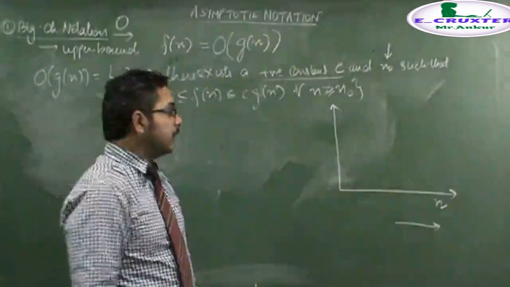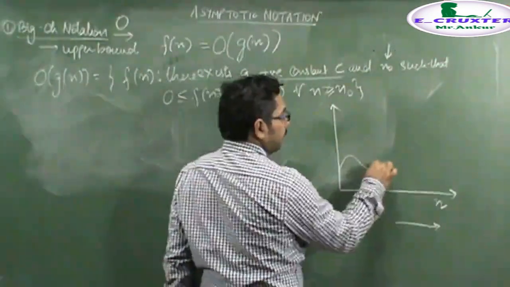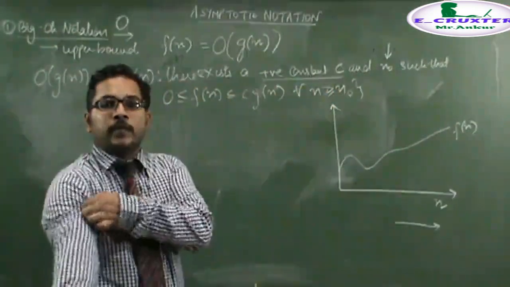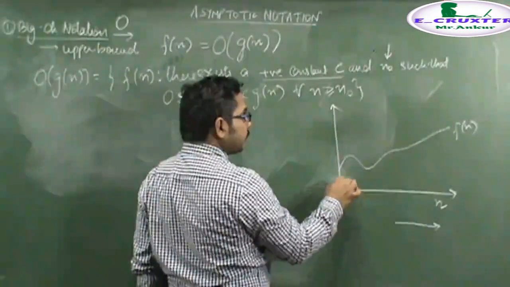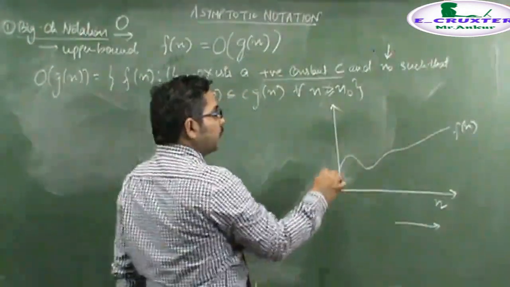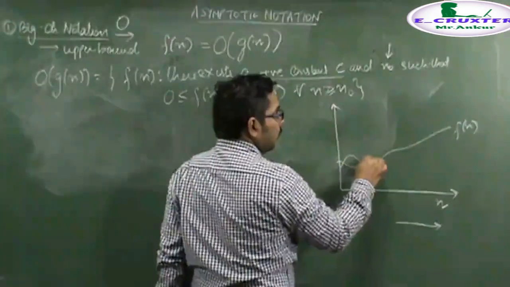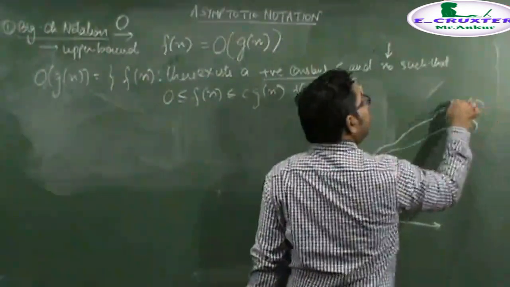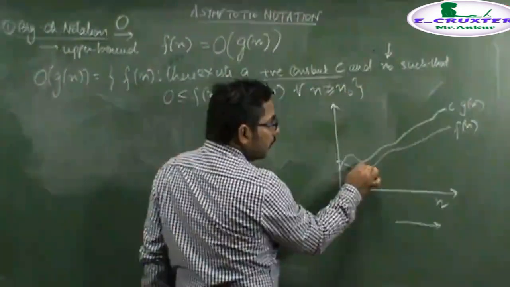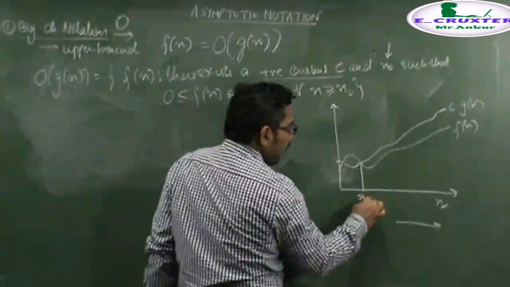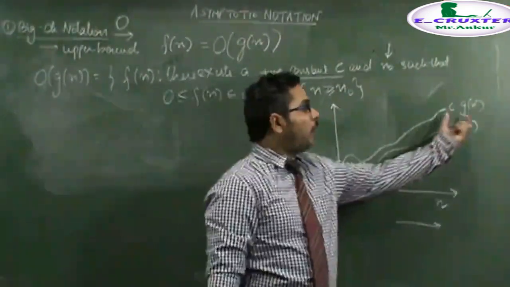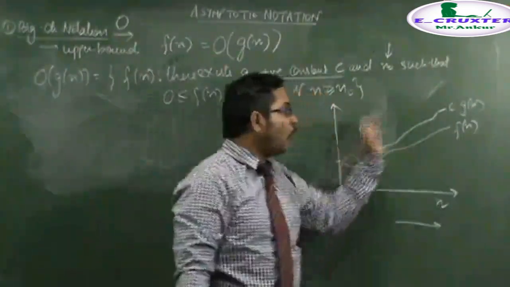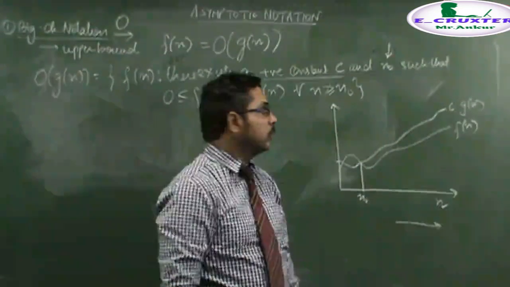If this is your function f(n), and there is a g(n) function, and I multiply it by the constant c, then after the input n naught, the value of the g(n) function is always acting as an upper bound for f(n). That is, it is bounding the function f(n) with the upper bound.